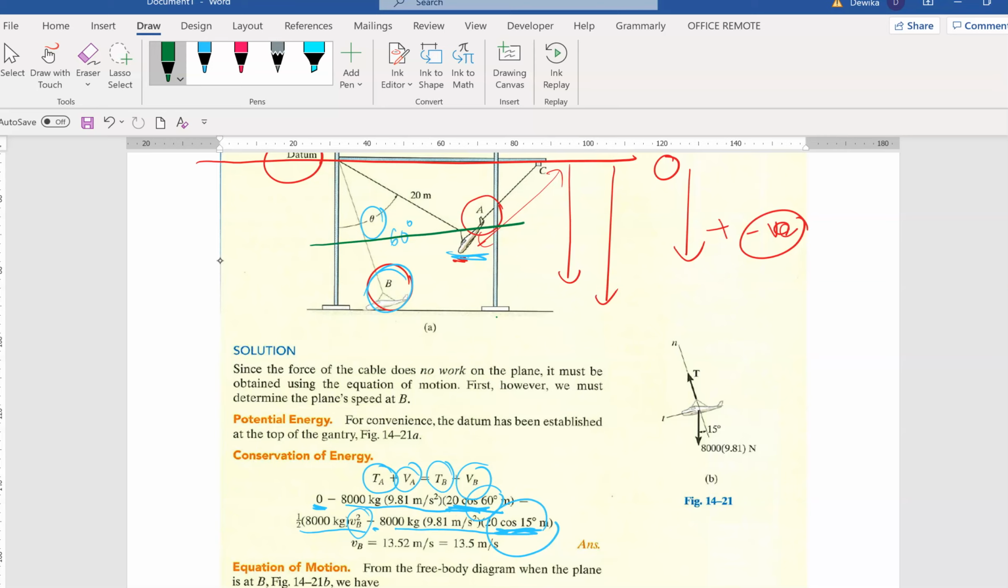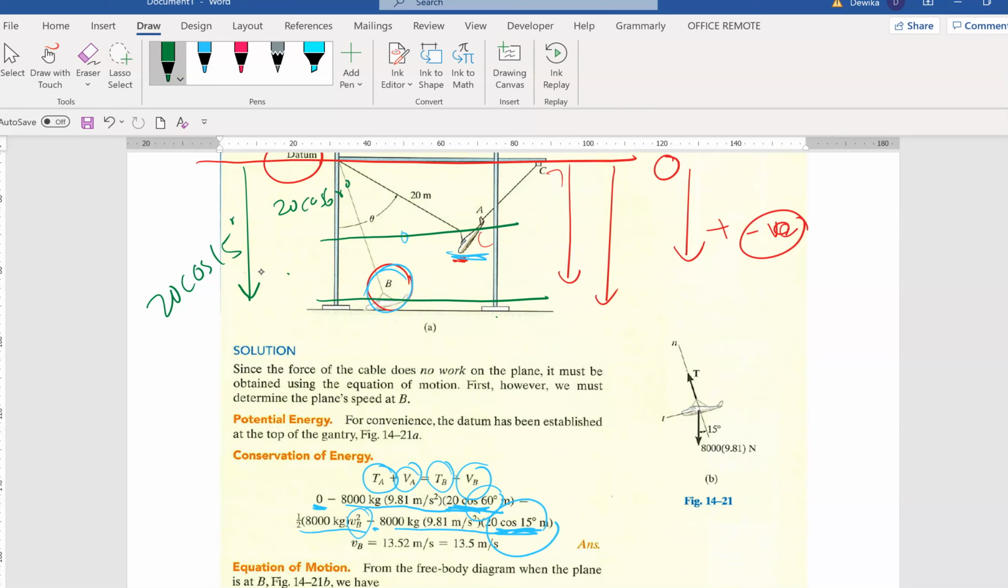It is this height. Sorry, drawing with the stylus is not easy. A straight line here is your 20 cos 60 height. Now 20 cos 15 height is somewhere around here, so that would be the final height from the datum.